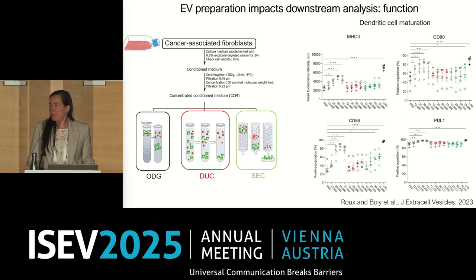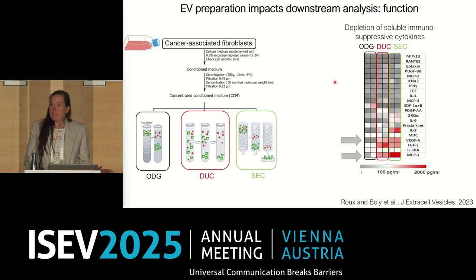Here we evaluated the capacity of these extracellular vesicle preparations to induce the maturation of monocyte-derived dendritic cells. What we could actually observe is that it was mainly the EV preparations that we obtained by the density-based method that were able to induce the maturation of these dendritic cells.